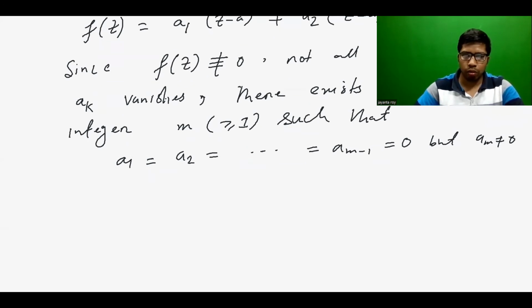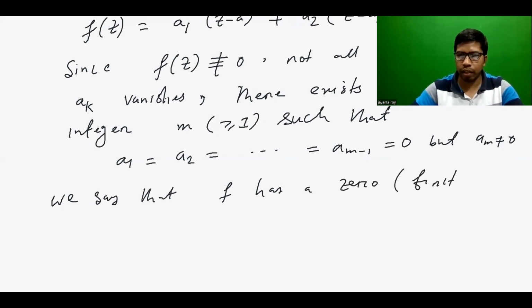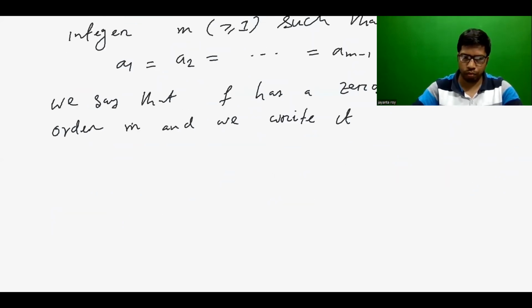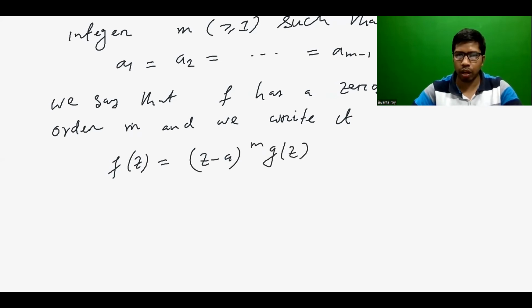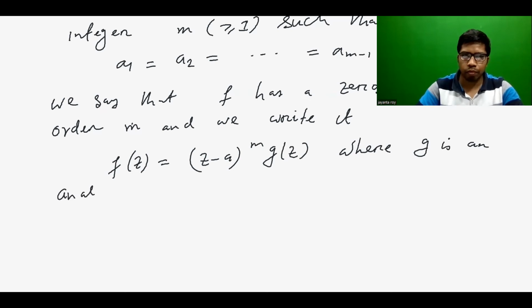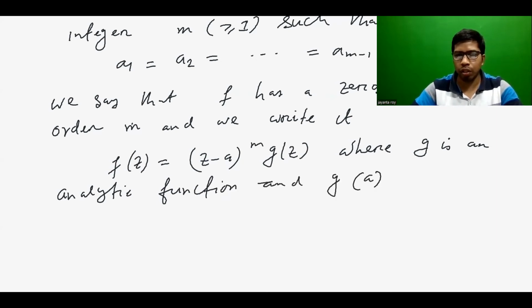So now we can say that f has a zero of finite order, a zero of order m, and we write it as f(z) equals (z minus a) to the power m times g(z), where g is an analytic function, and of course this g(a) is not equal to 0.